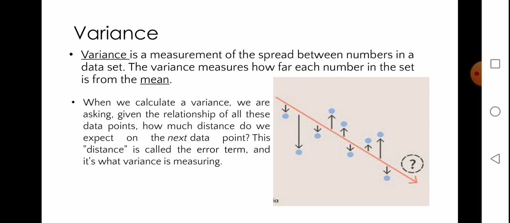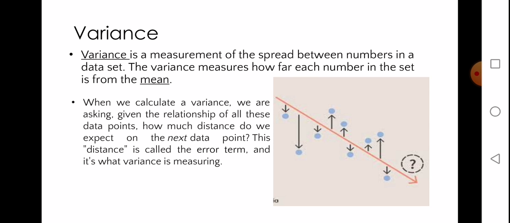We do this by drawing a regression line, which attempts to minimize the distance of any individual data point from the line itself. In the chart as shown in the slide, the data points are the blue dots, the orange line is the regression line, and the red arrows are the distance between the observed data and the regression line.